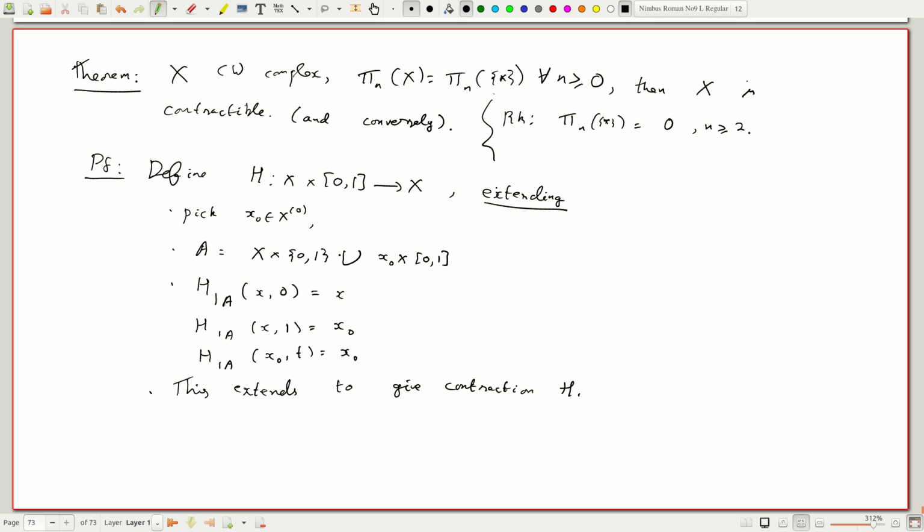Okay, so just a quick view ahead, you notice an immediate corollary of this. Corollary of this is the following with the previous results. Suppose X is a connected CW complex. Let me just write it clearly because this is important.